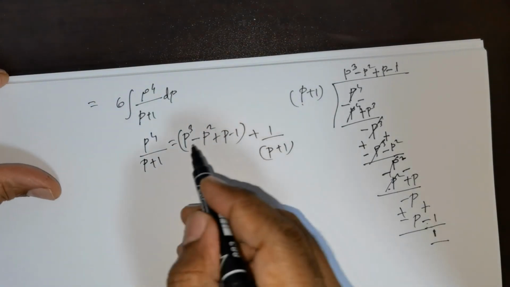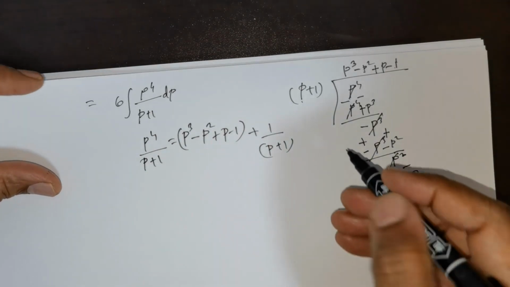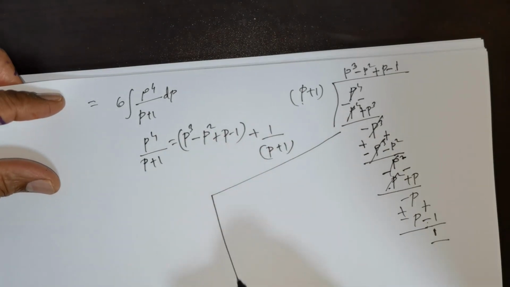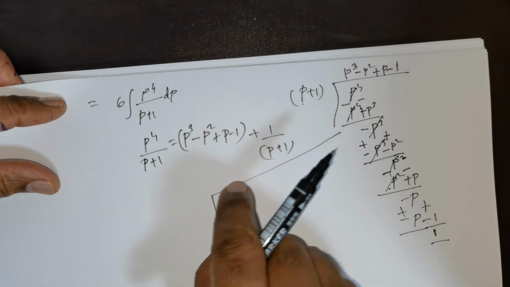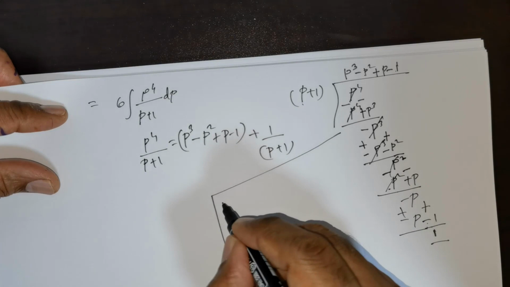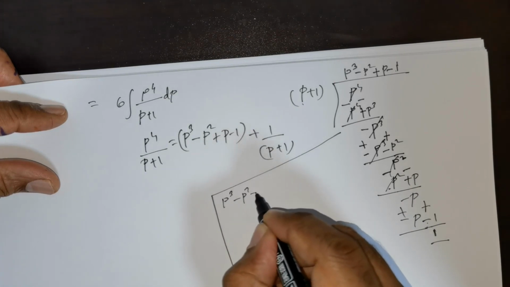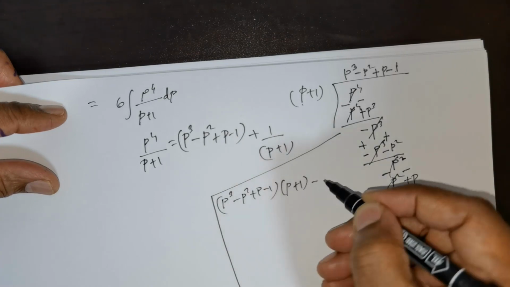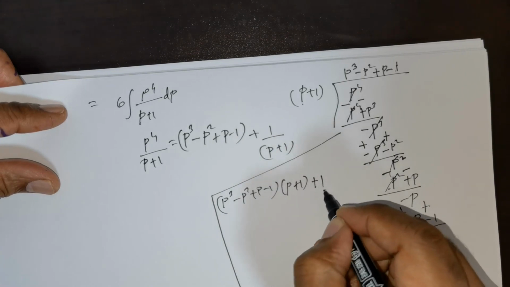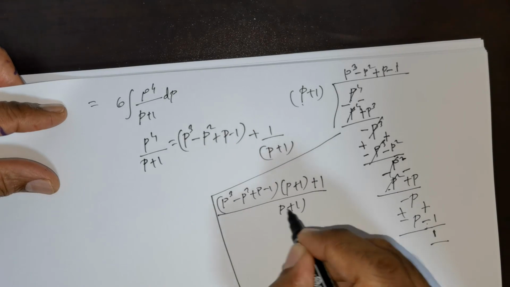Now you need to perform the check. Of course I am performing the check for your understanding. What is the check? This multiplied with this, added with this, should give you this. Let's see. So p cubed minus p squared plus p minus 1 is multiplied with p plus 1, added with 1, and then divided by p plus 1.